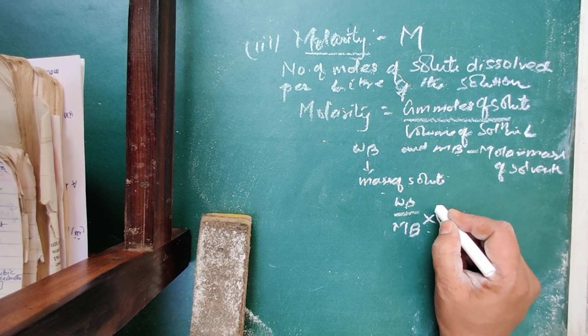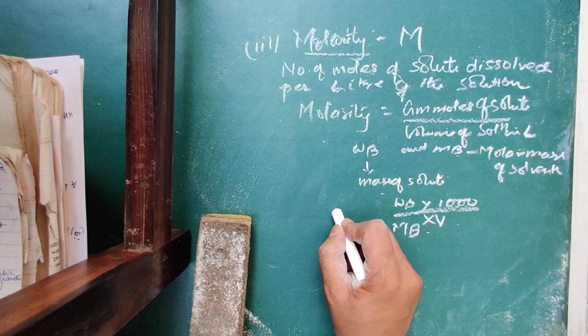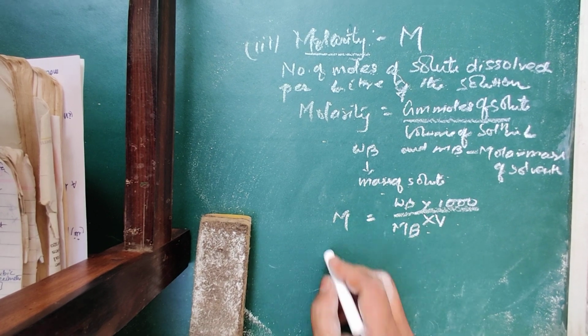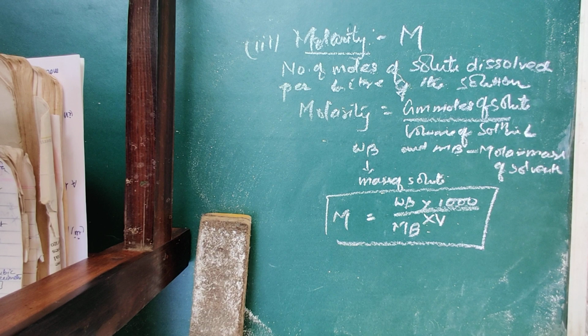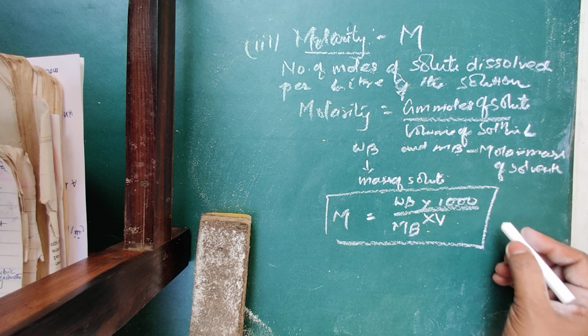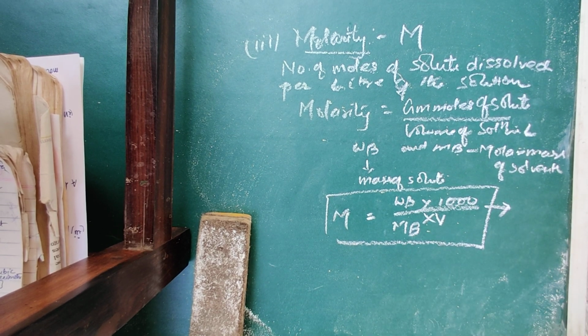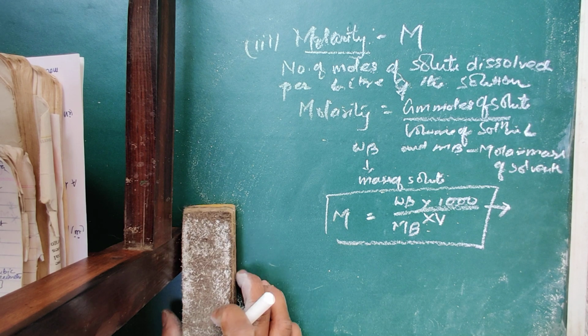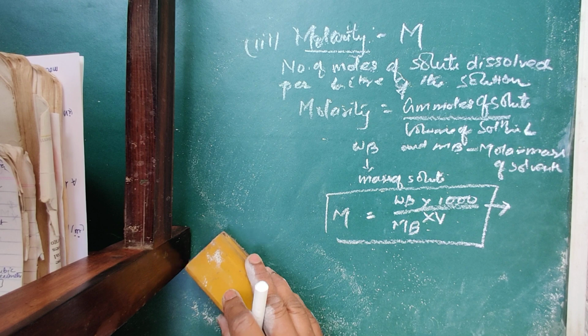Volume is V, and if you multiply it by 1000 it will be in liter. So capital M, that is molarity, the formula will be WB upon MB into 1000 into V. So we will be solving some numericals also on molarity. I hope you have understood.